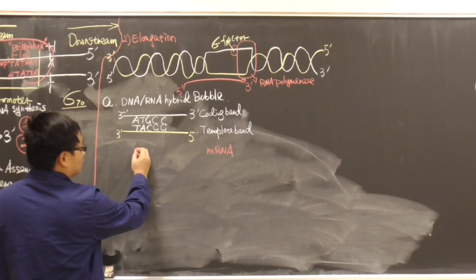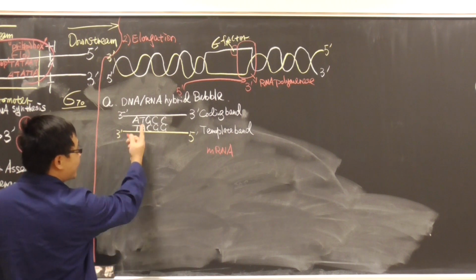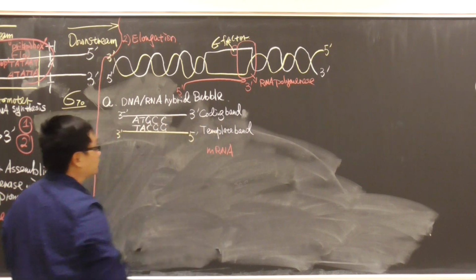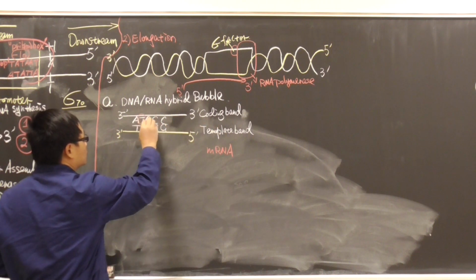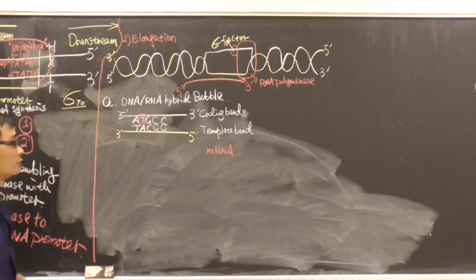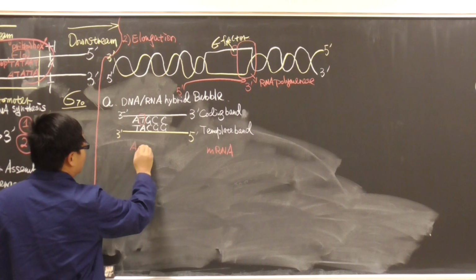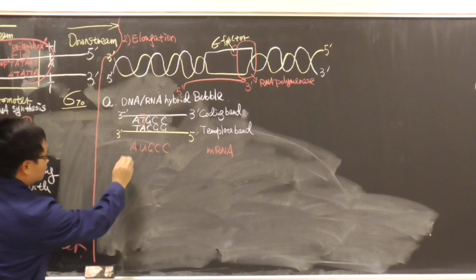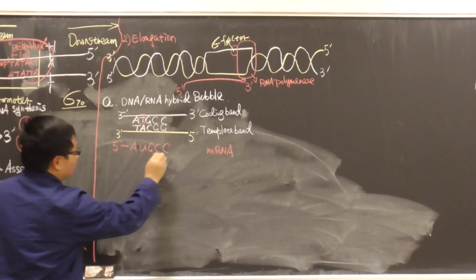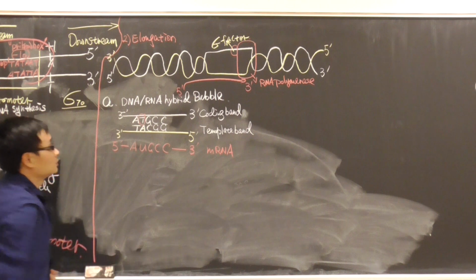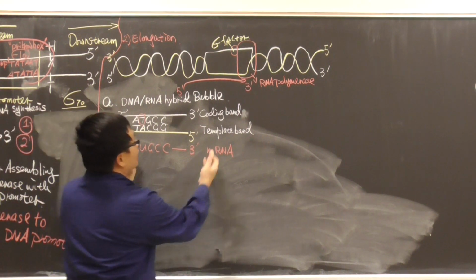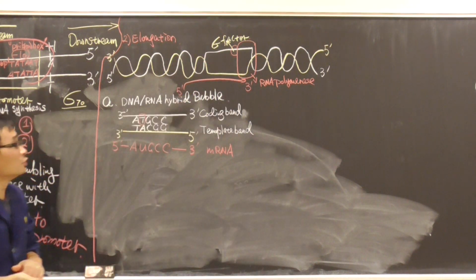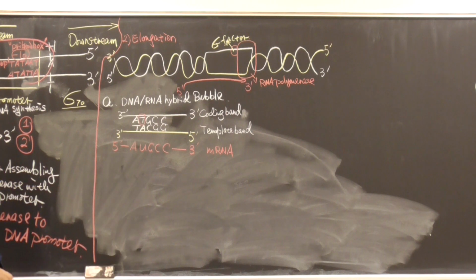This mRNA should be exactly the same as the coding strand. But the only thing is this is not going to be T, it will be U. So this will be A, U, G, C, C. Be careful of the trick, 5 prime and 3 prime. So if we isolate from there, we will see what happens. Okay? So this is what we talk about as elongation.